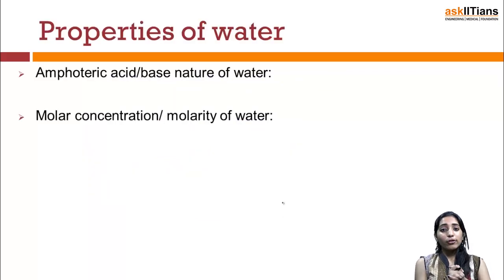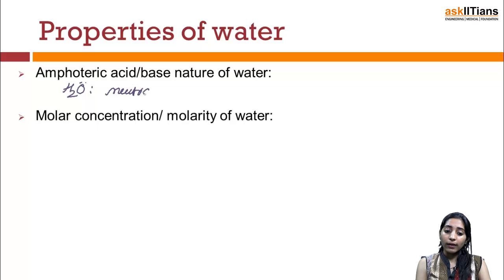Having discussed the common ion effect, it's now time to start discussing the properties of water. We know a lot about water, so let's also discuss what we mean by the properties of water. I say that water is neutral. So if water is neutral, it can be said that water has amphoteric nature.